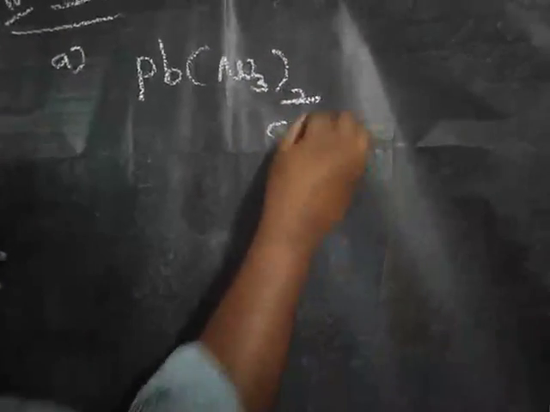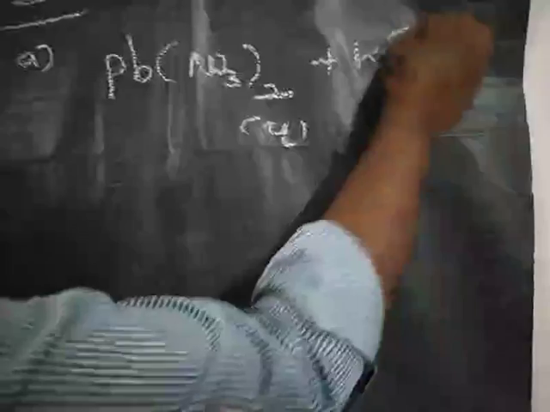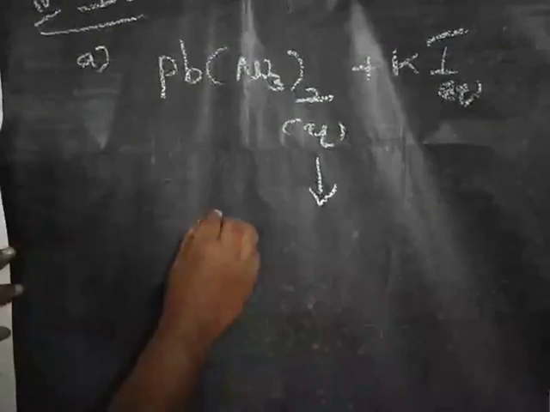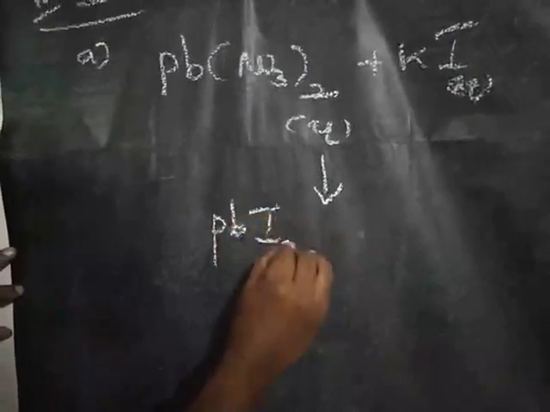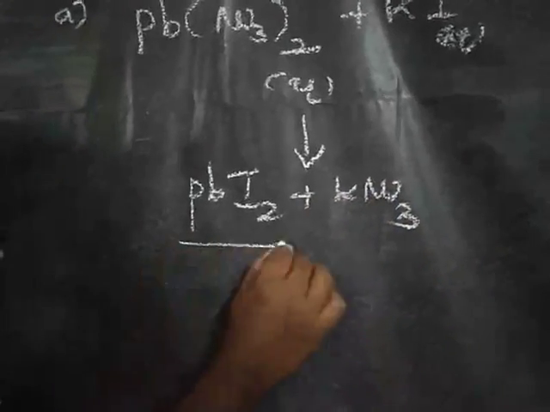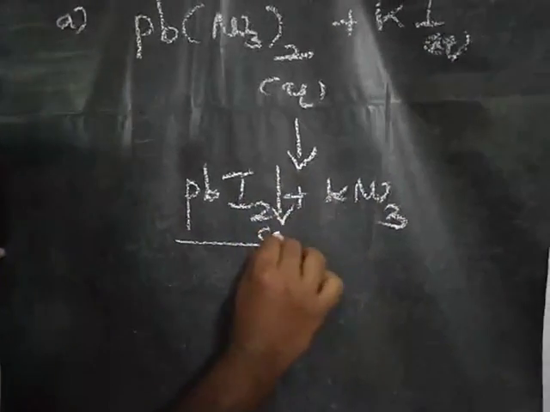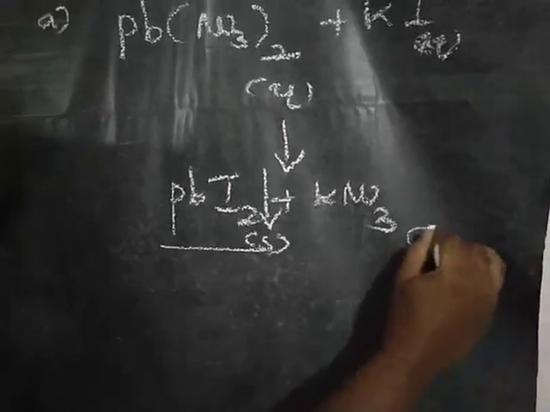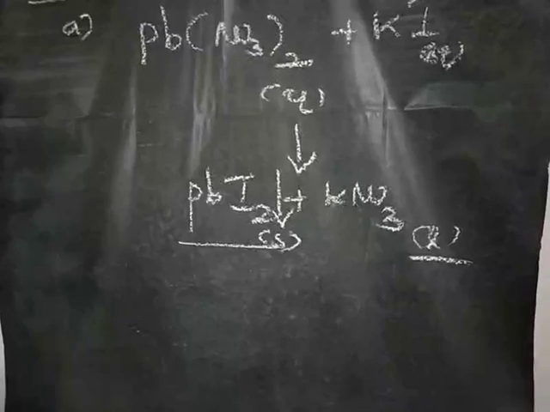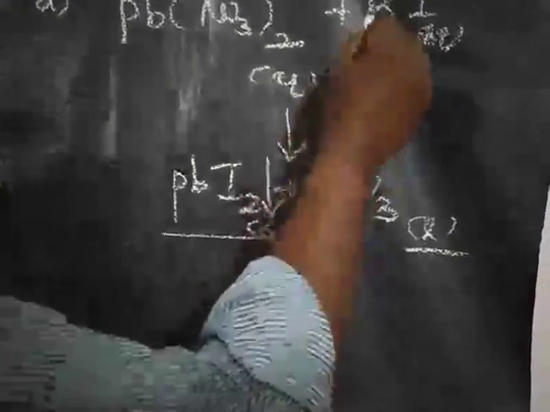Pb(NO3)2 aqueous solution plus potassium iodide aqueous solution gives lead iodide, PbI2, plus KNO3. Lead iodide is the precipitate, in solid form, and potassium nitrate is in liquid form.